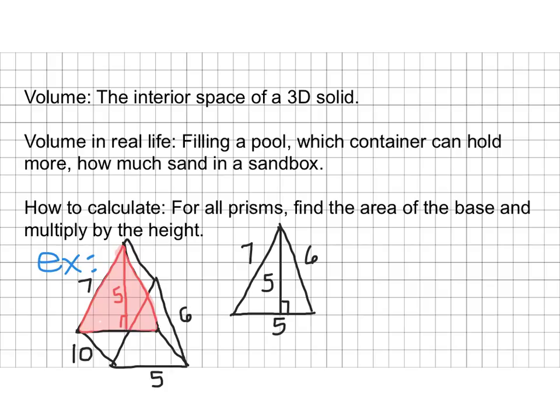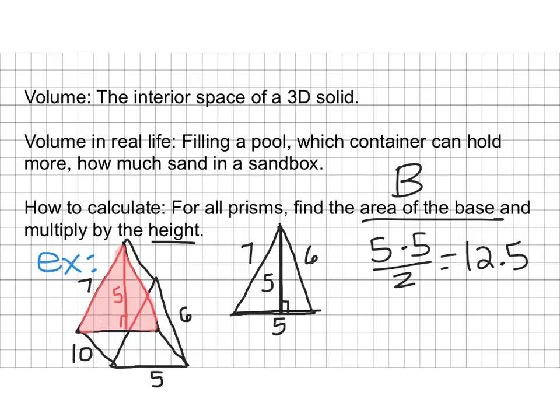So we have 4 measurements for this triangle. We have the base of 5, and then a height of 5, and then those 2 other sides being 7 and 6. Well, for area of a triangle, we just need base and height. So I'm going to do 5 times 5 divided by 2 by using the base and the height. And that gives me 12.5. And then I need to multiply the area of the base by the height.